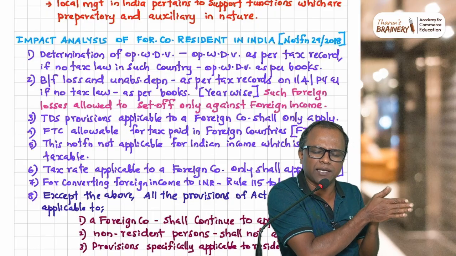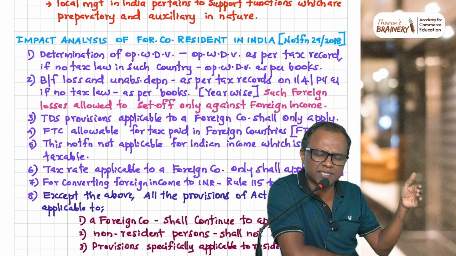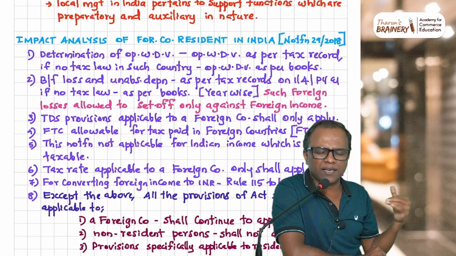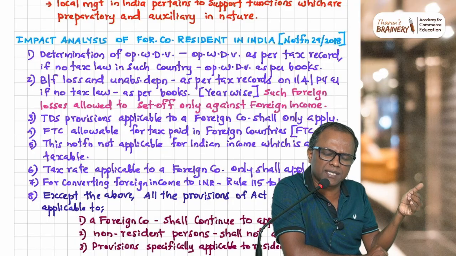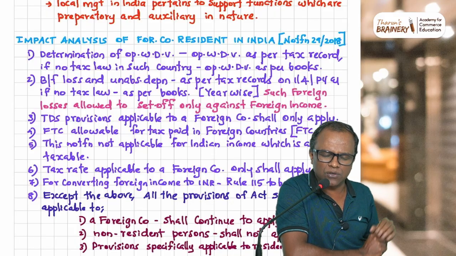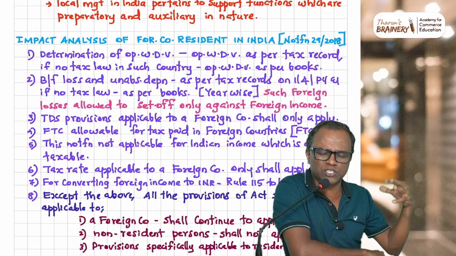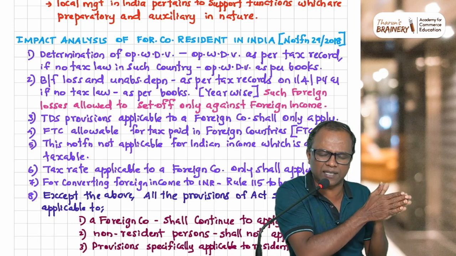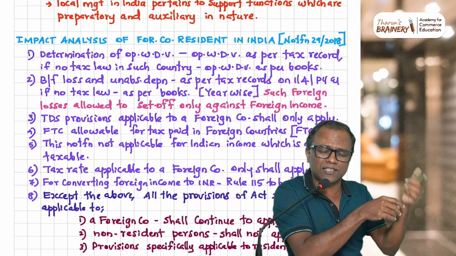But regarding capital gain, it is the last day of the month preceding the month in which the transfer took place. For dividend income, the last date of the month preceding the month in which the dividend is distributed or declared. Likewise for salary, in whichever month the salary is due or received, the last day of the preceding month, the telegraphic transfer buying rate of SBI should be applied to convert.